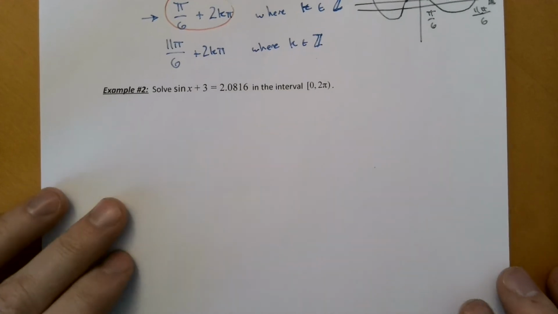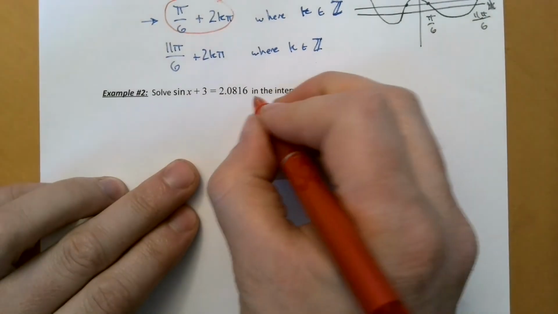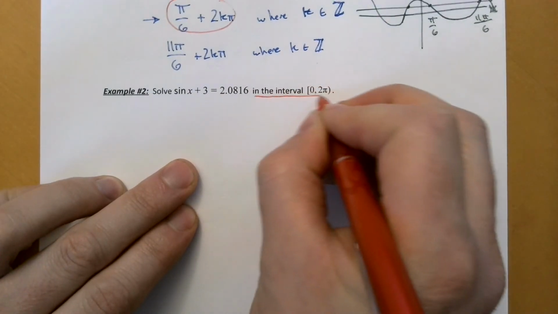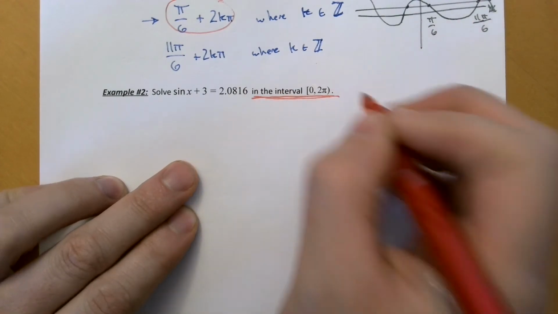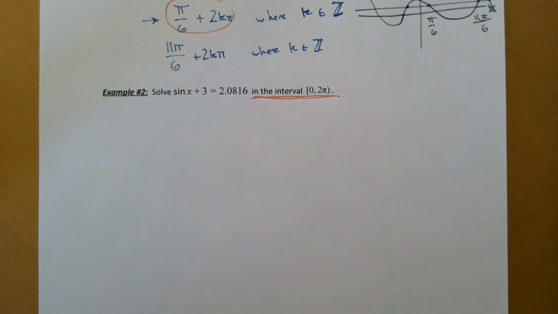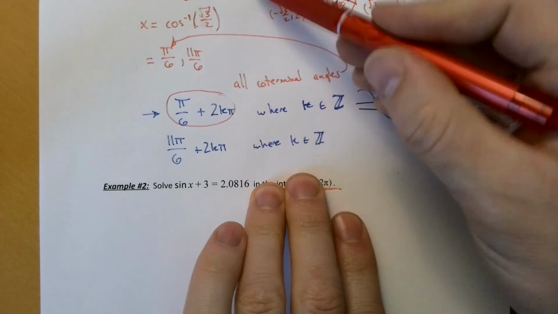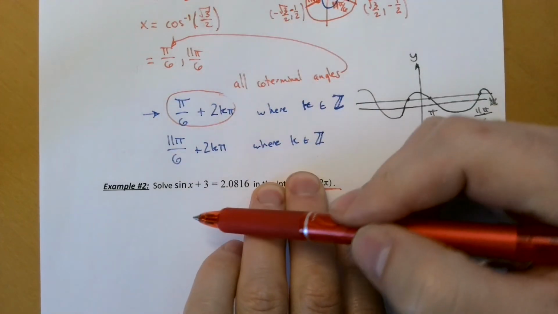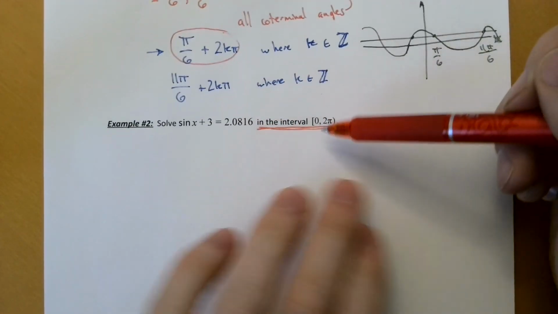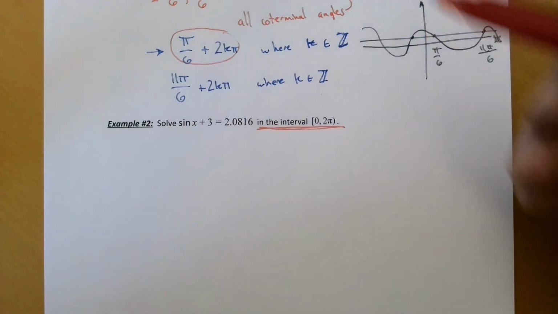So this one, we now have a new thing added to the equation. It says in the interval 0 to 2 pi, inclusive of 0. So this now says, let's just look at one period of the graph, because we know without this, every time we solve these equations, you're going to have an infinite set of solutions. So this is helpful. It makes us only look at one little set.